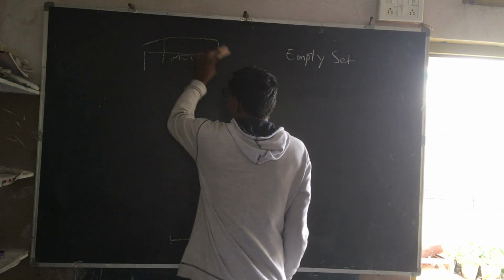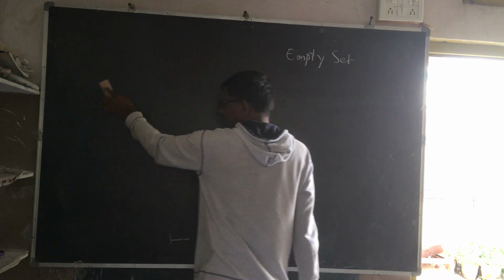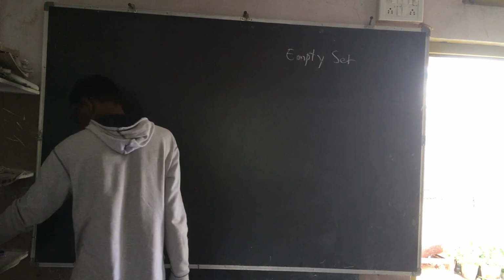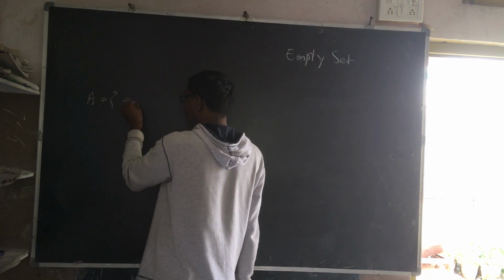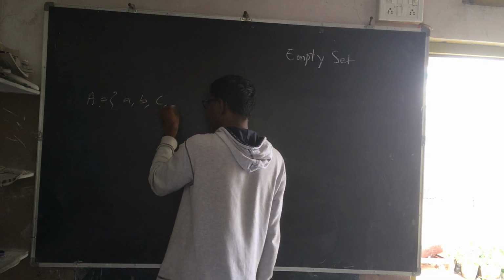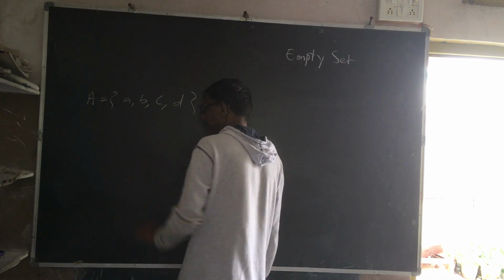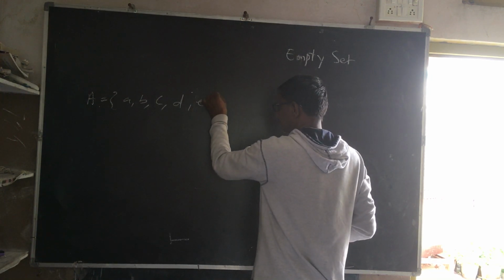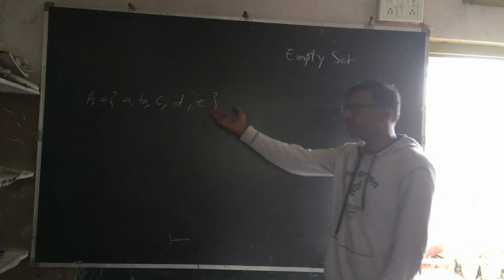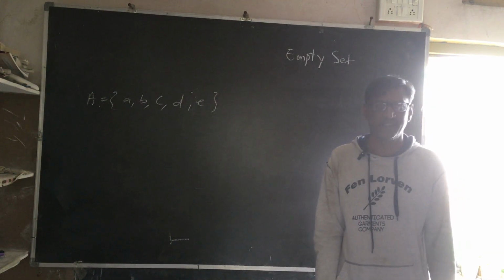We'll see how to define a subset. Suppose A equals {a, b, c, d}, and I will write e also. These are my alphabets a, b, c, d, e, f.